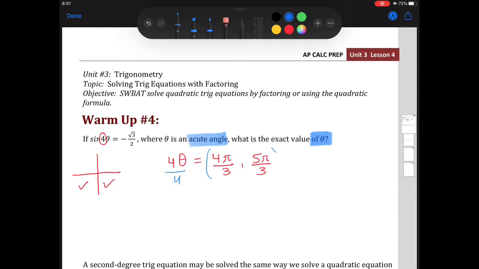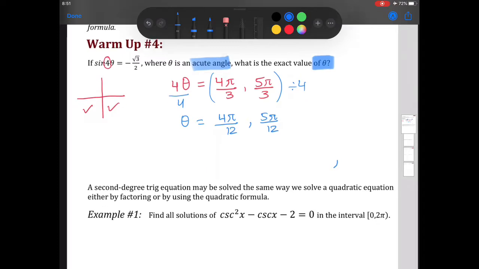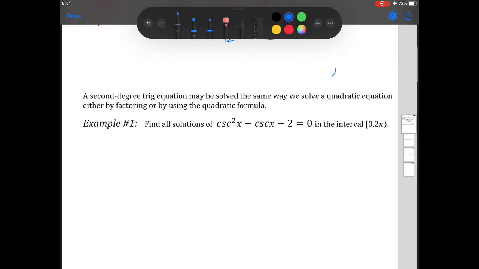I divide all of this by 4, which is the same thing as multiplying by 1/4. So I get what? Theta is equal to 4 pi over 12 and 5 pi over 12. And those are your answers because we want to find the acute angles, and these two are acute angles. Okay, so let's get started with our lesson.